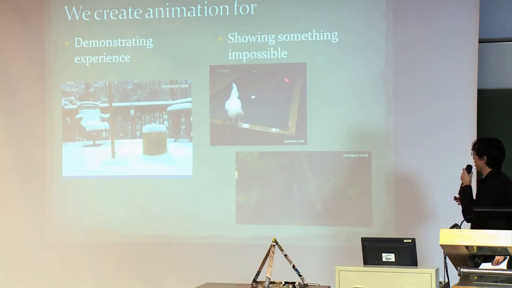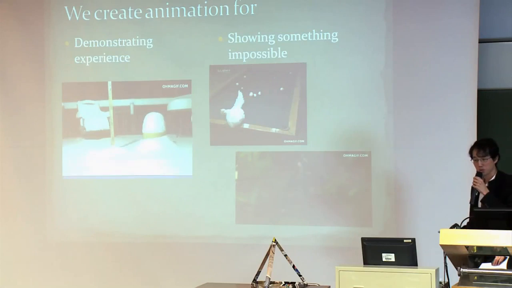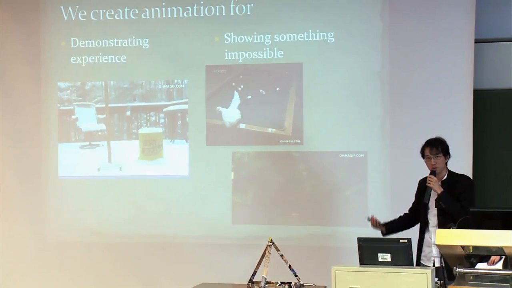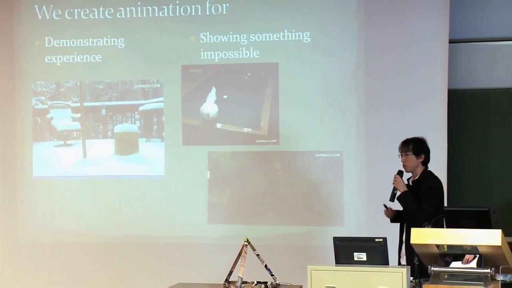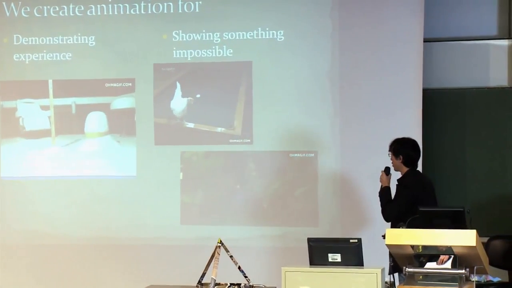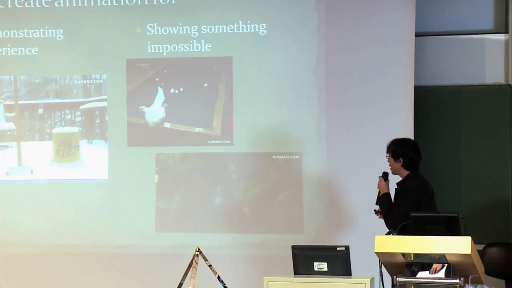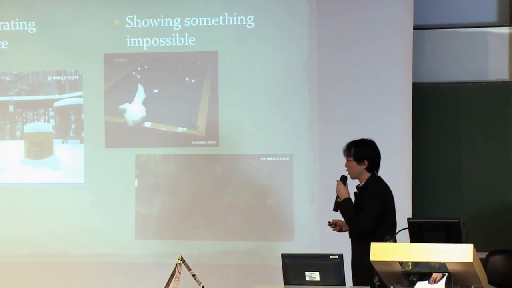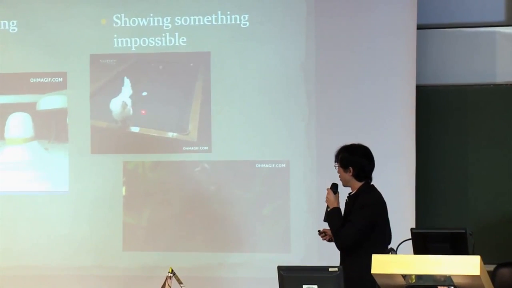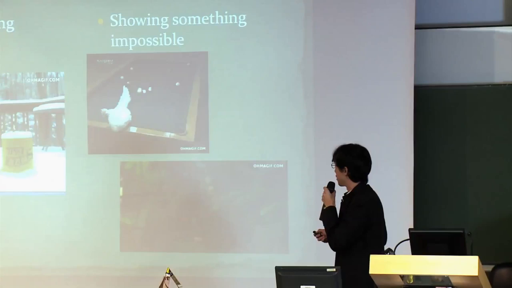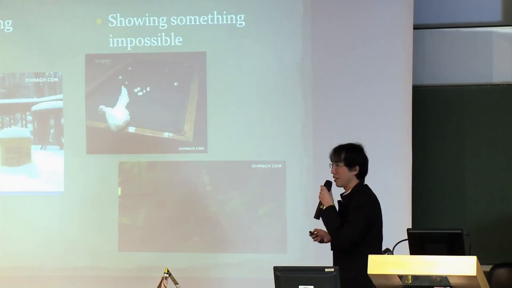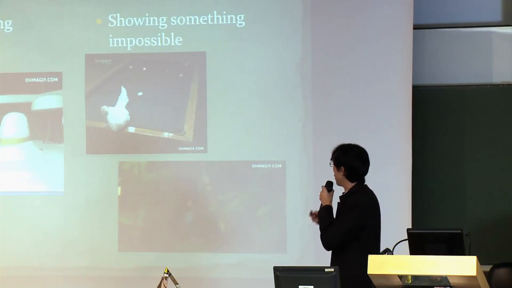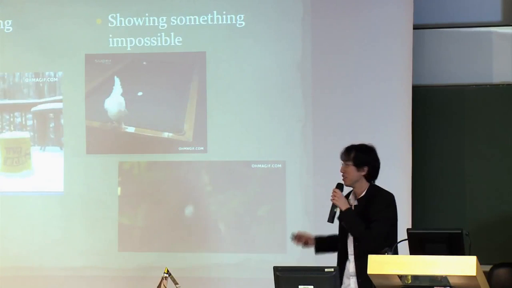Sometimes we can use animation to show some abstract idea or something even impossible to take place in the real world. By the way, how many of you would think that it is a real animation? Have you ever seen a chicken popping out an egg and have all the balls on the snooker table going into the holes?